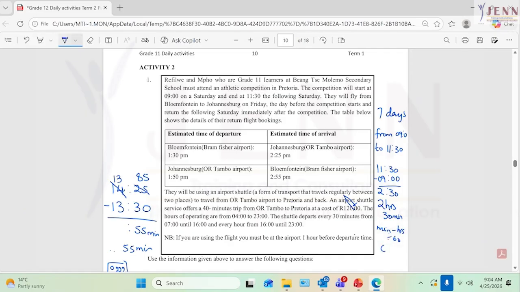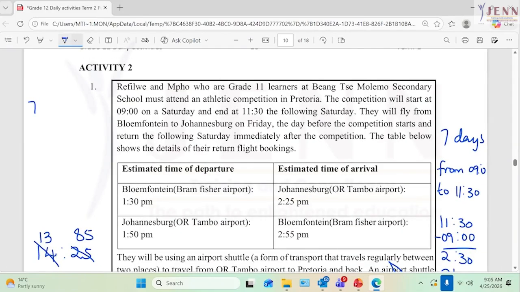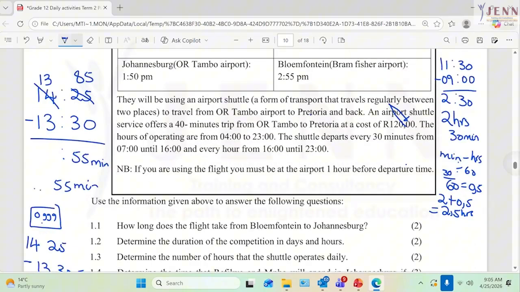So 30 minutes divided by 60 gives us 0.5. So time in hours will be 2 hours plus 0.5 hours, so it's going to be 2.5 hours. Our answer will be 7 days and 2.5 hours. All right, can we move to the next question?